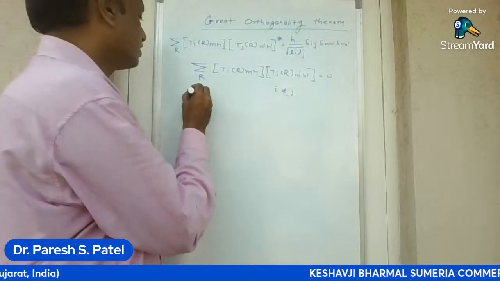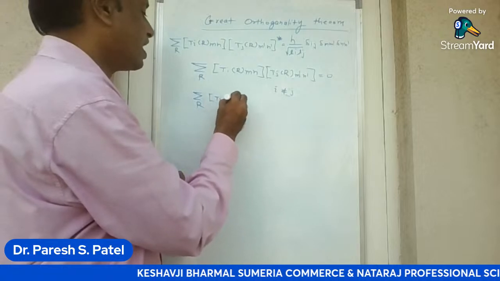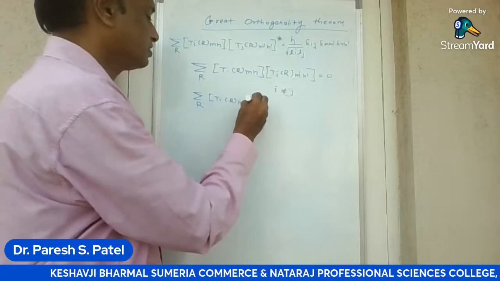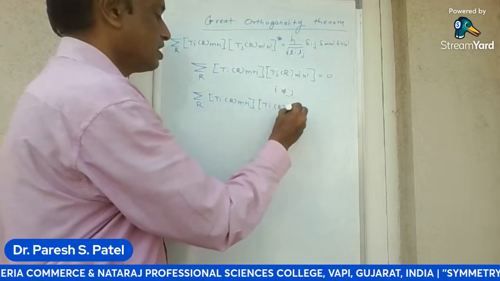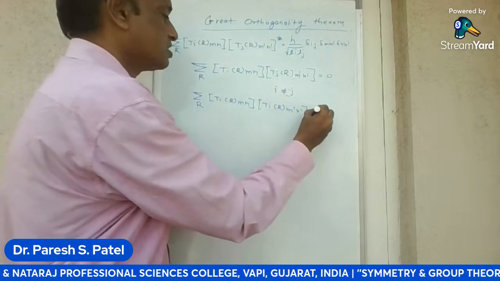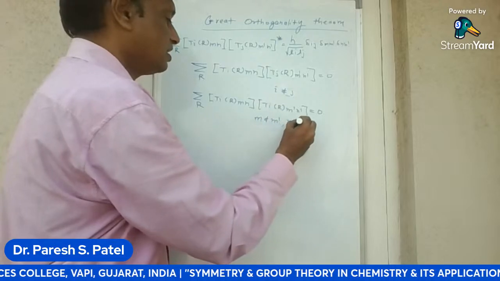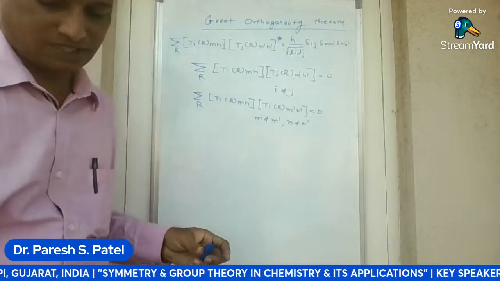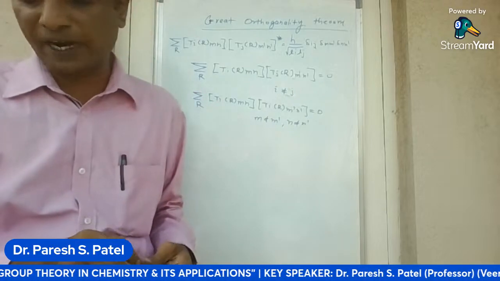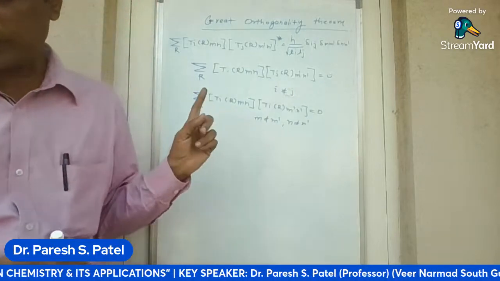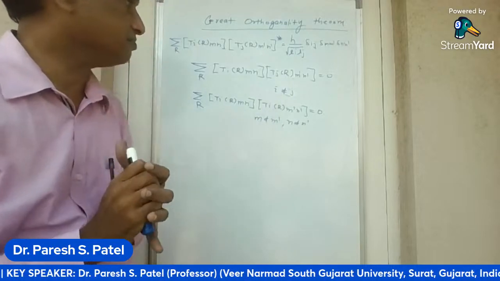Second one, summation over R of Γi(R)mn Γi(R)m'n' is equal to 0. Here m is not equal to m', n is not equal to n'. It means the elements of different sets of the matrices of the same irreducible representation are orthogonal to each other.